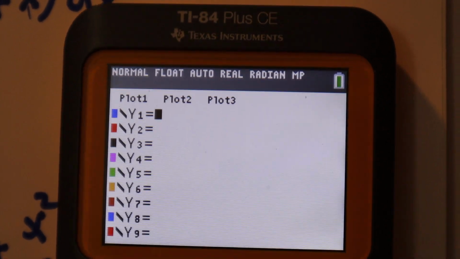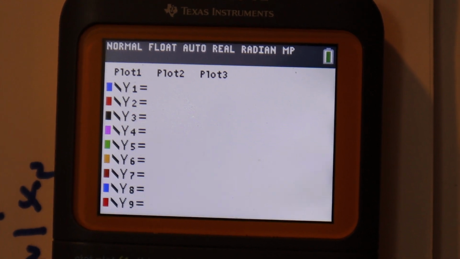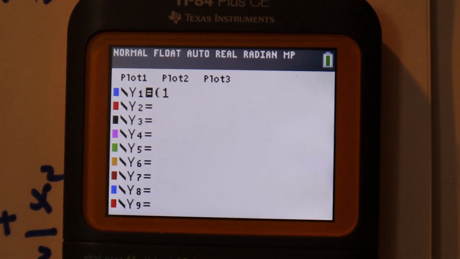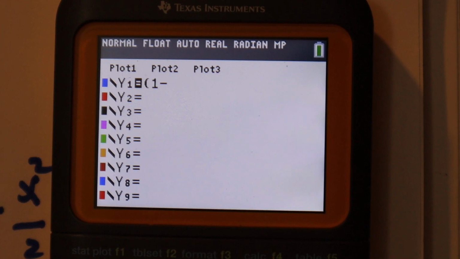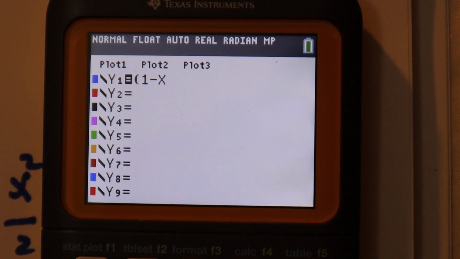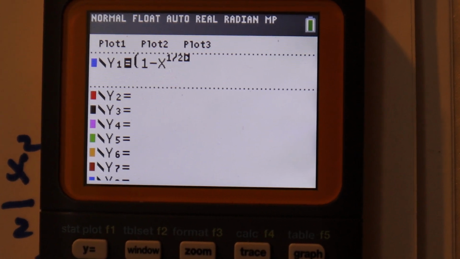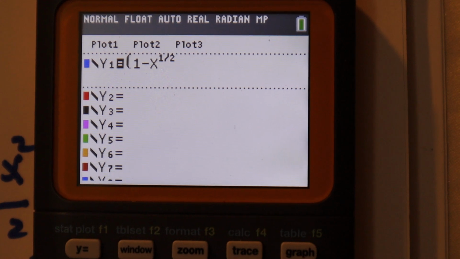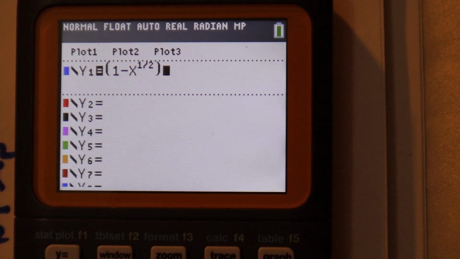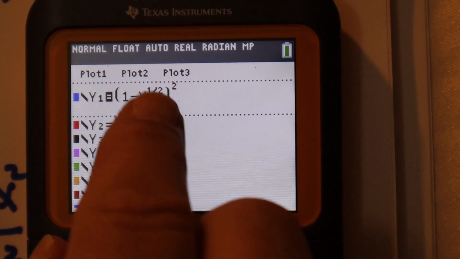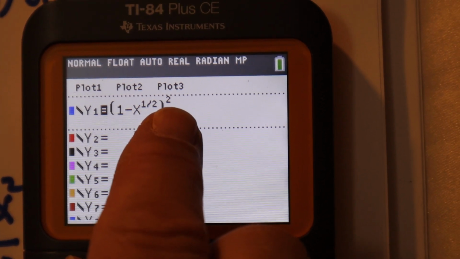We're going to find the area under this curve by typing the function: 1 minus x exponent a half, with the exponent 1 divided by 2 in parentheses at the top, then close parentheses and square it.